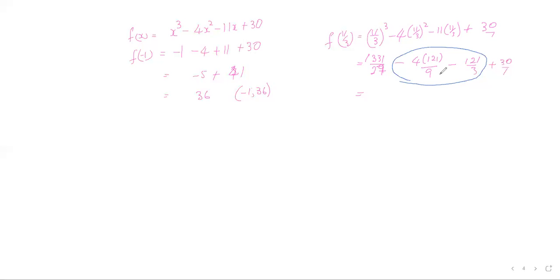This 121 times 4 is 484. So 1331 over 27 minus 484 over 9 minus, if I multiply here by 3 over 3, so I have multiplied by 1, 121 times 3, 363.